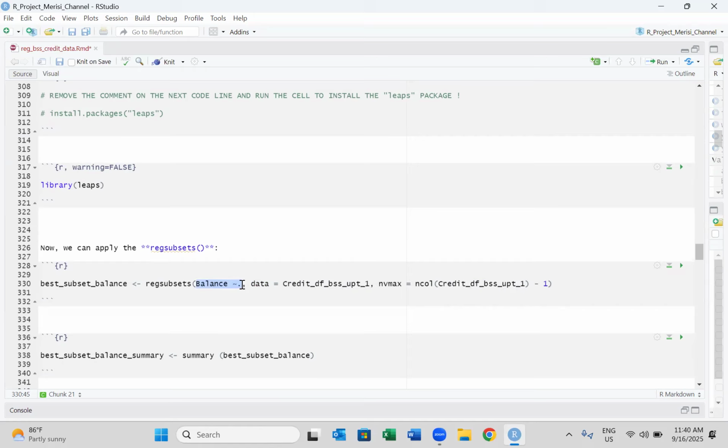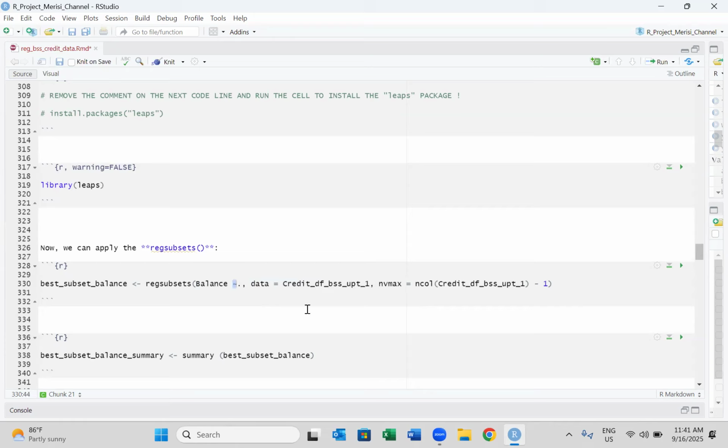That right there is an expression that defines both the outcome variable and the predictor or predictors, plural. In this case, plural because we're doing multiple linear regression. The way you write that expression is you use the tilde symbol.